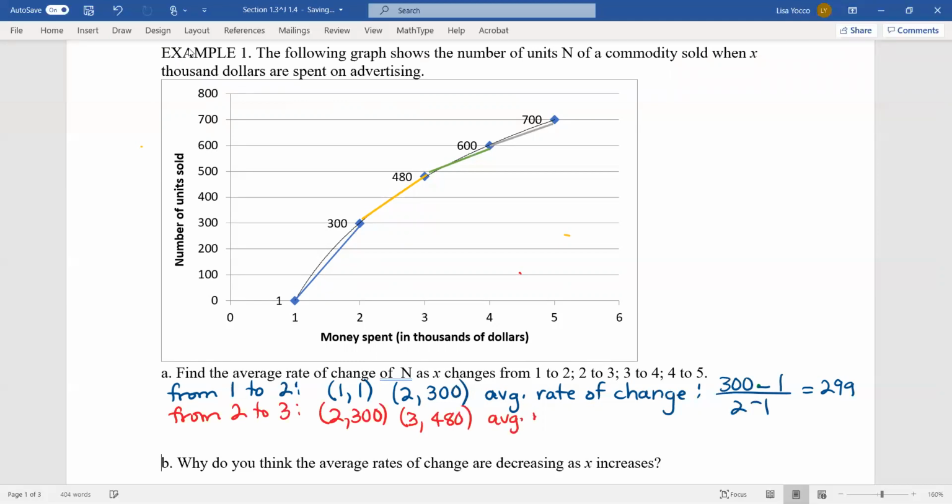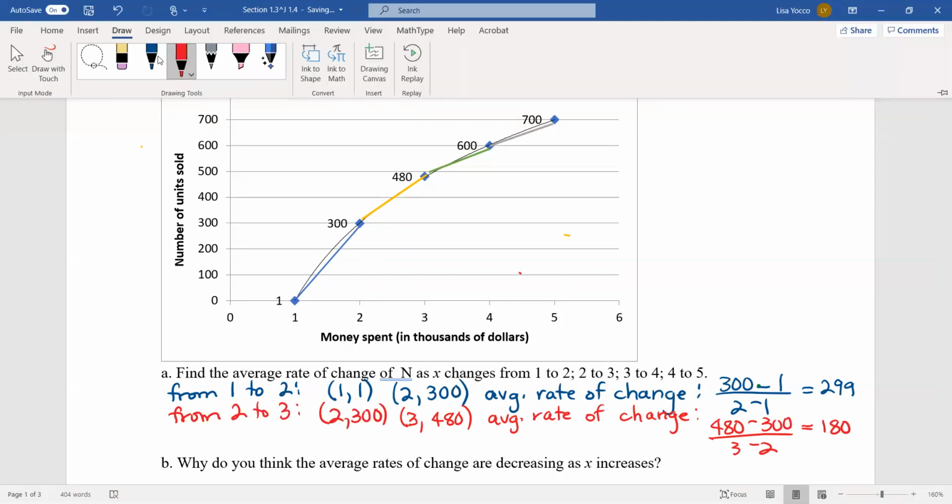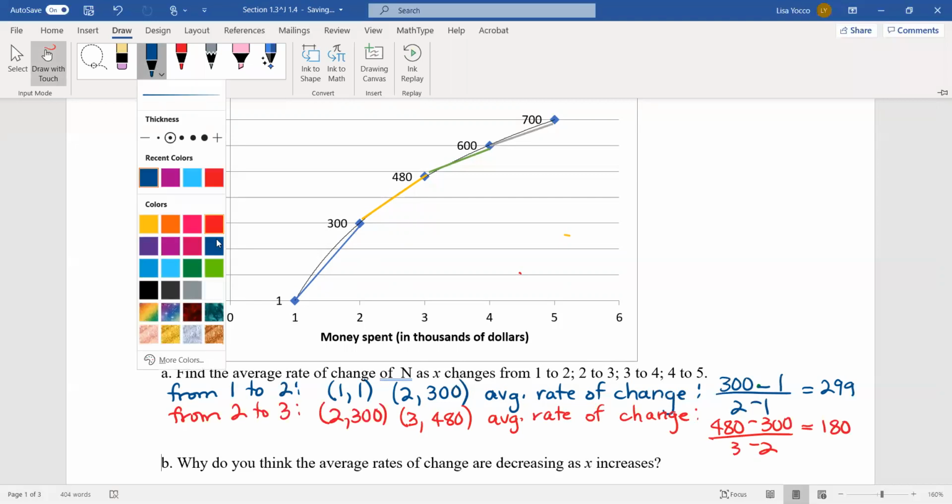And again, the average rate of change for those 2 points would be 480 minus 300 divided by 3 minus 2, and that's 180. And I guess maybe let's do one more round.